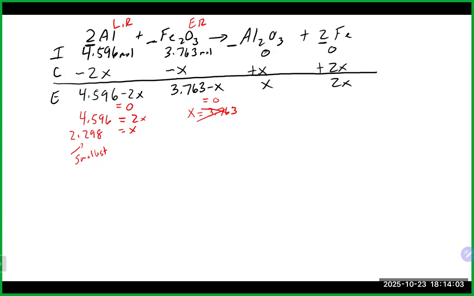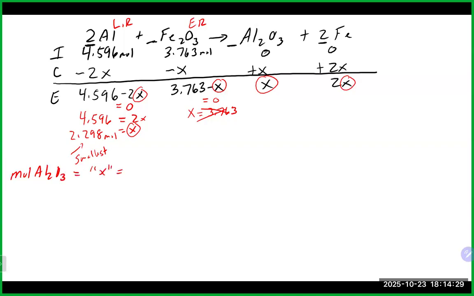And again, you could do it kind of quickly. Now here again is where maybe this is beneficial. This x value here is moles, right? So that x value there is this x value, this x value, this x value, and this x value is basically all of them. So we were interested in this case with aluminum oxide. So we could very quickly go to our moles of aluminum oxide from our table equals x.